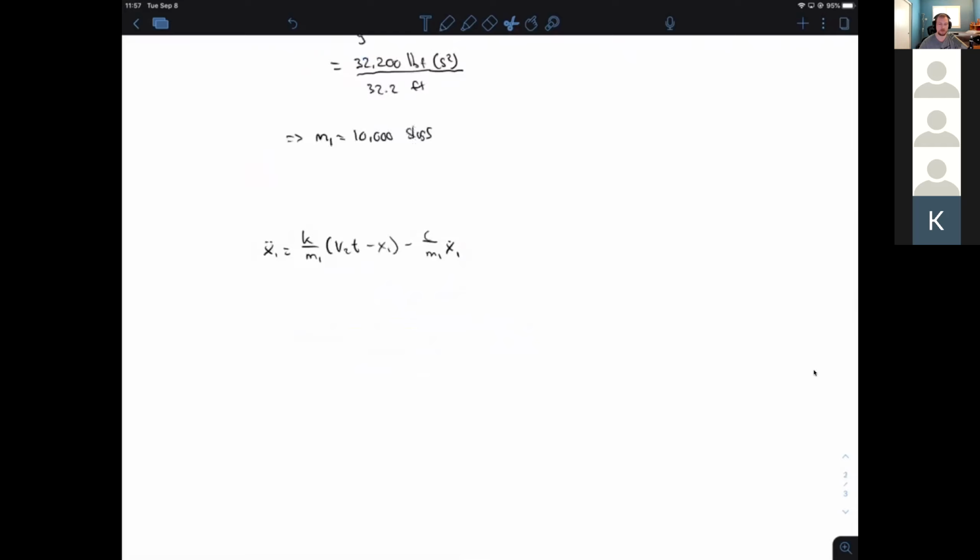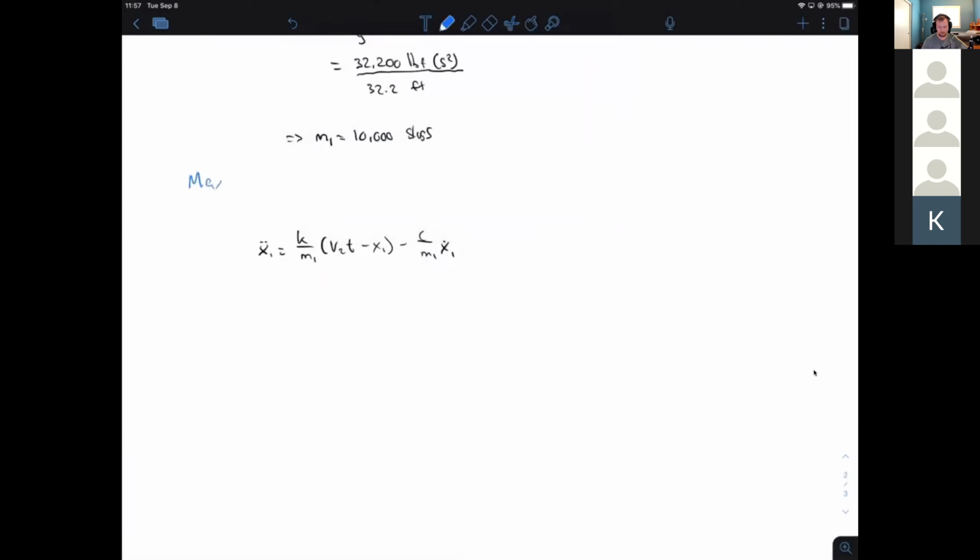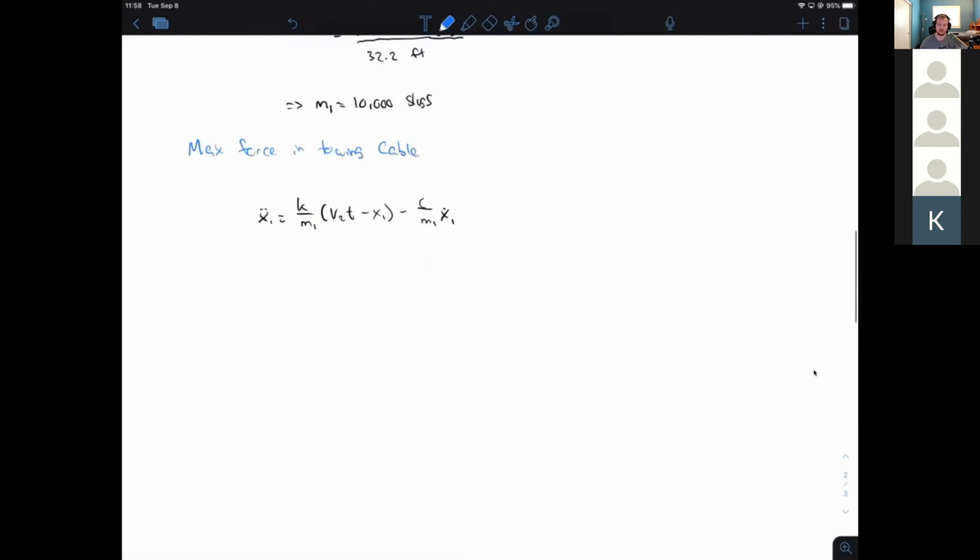Okay, so from this, our maximum force is going to occur for k times x2 minus x1. So I'll explain this in just a second. I'm going to write this down right now, though.